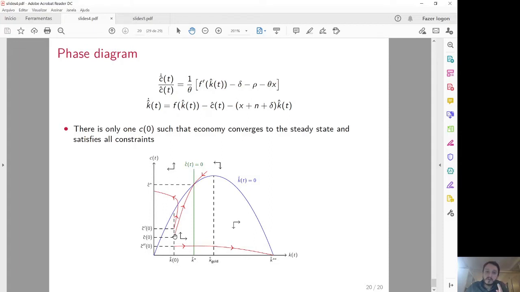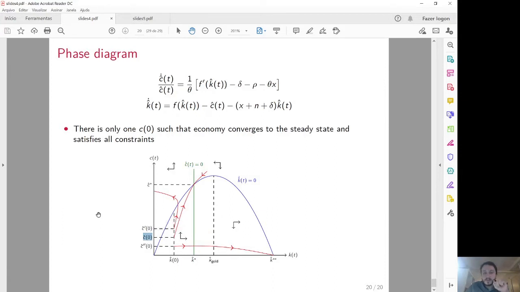That's the first thing we're going to learn: if we knew the initial level of consumption, we are able to simulate the paths of consumption and capital. And the second thing is how to actually determine the initial level of consumption.